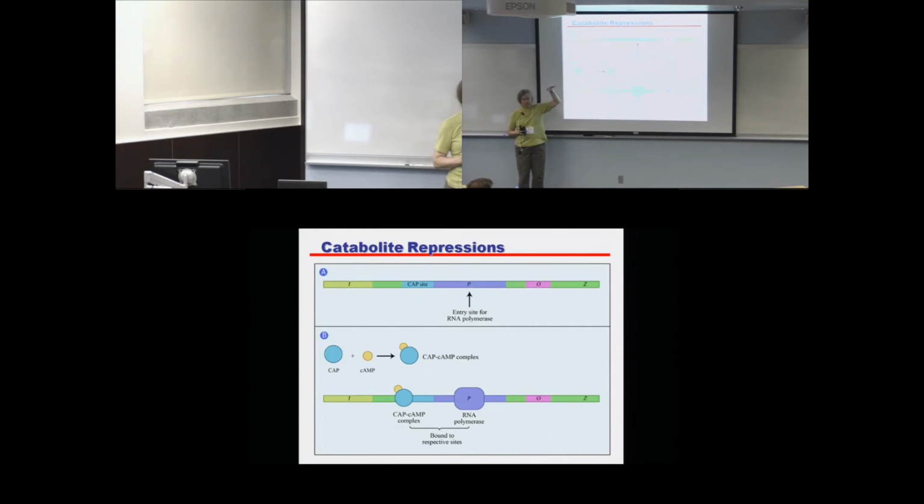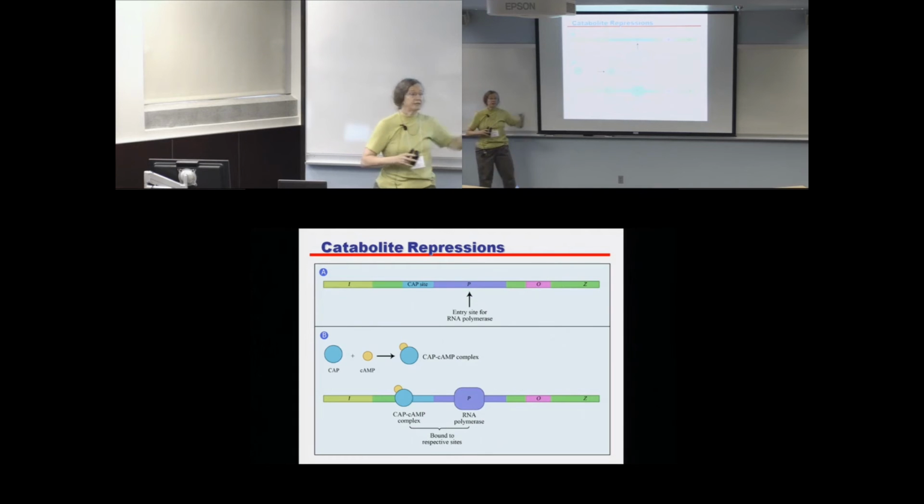And when they have risen, they bind to another protein called CAP, or catabolite activator protein, and that complex now binds to our lac operon DNA. It bends the DNA a little bit and facilitates the binding of the polymerase.